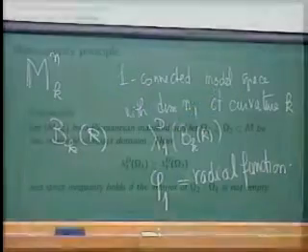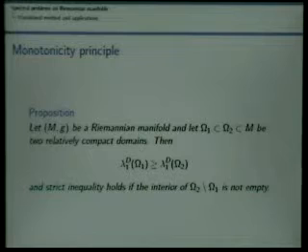Another property which follows immediately from the min-max is that, assume we have a Riemannian manifold, a reasonable manifold, and you have two relatively compact domains, and one is contained in the other: omega 1 is contained in omega 2. Then the min-max tells you immediately that the first eigenvalue of omega 1 for the Dirichlet boundary condition must be bigger than the first eigenvalue of omega 2.